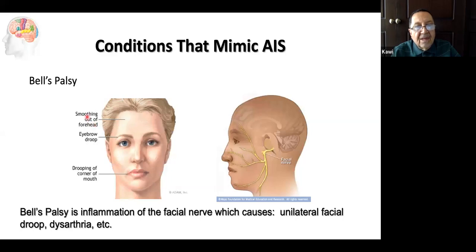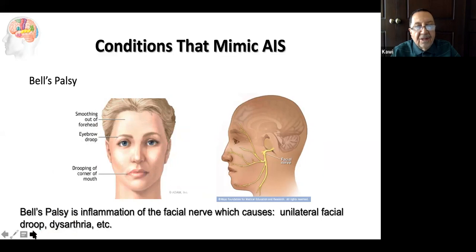So there is smoothing out of the wrinkles over the forehead, while we have wrinkles here. And we have some drooping of the eyebrow. This eyebrow is lower than this eyebrow, which is lifted up. And there is drooping of the corner of the mouth. It is caused by inflammation of the facial nerve that has 3 branches: frontal branch, buccal branch, and mandibular branch.